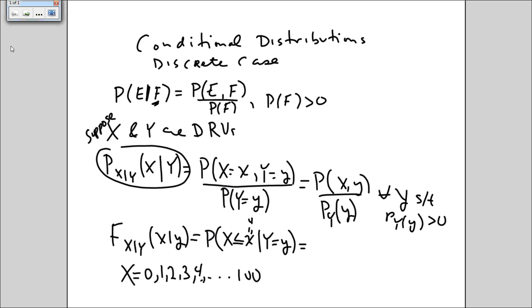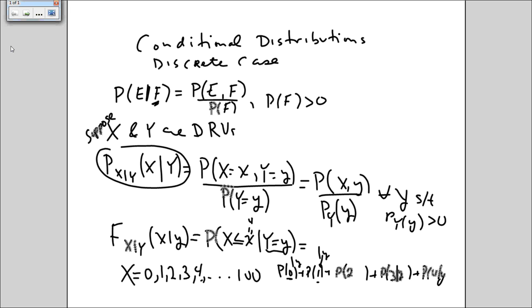So if X is less than or equal to 4, forget the given that part for a moment, we want P of 0, plus P of 1, plus P of 2, plus P of 3, plus P of 4, each given that Y is little y.